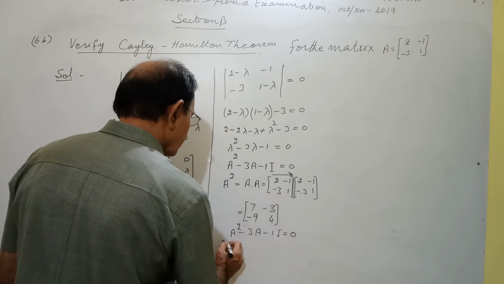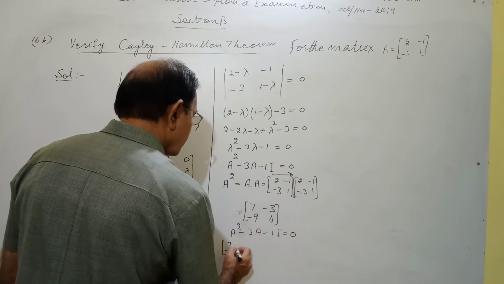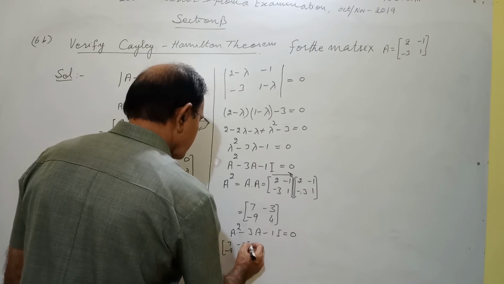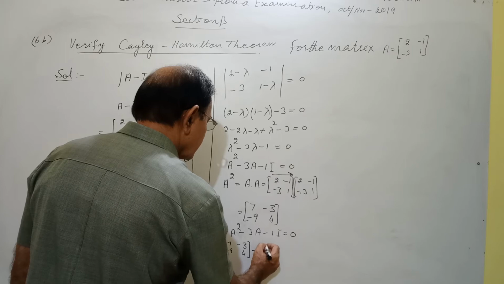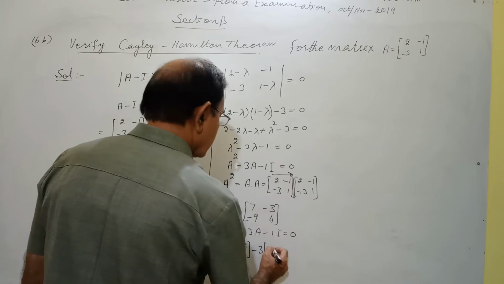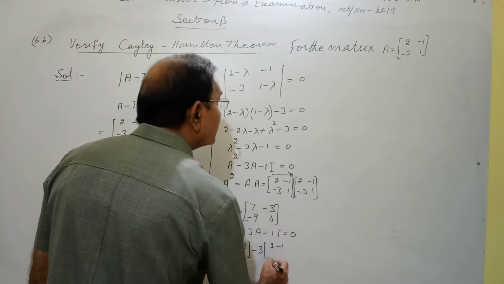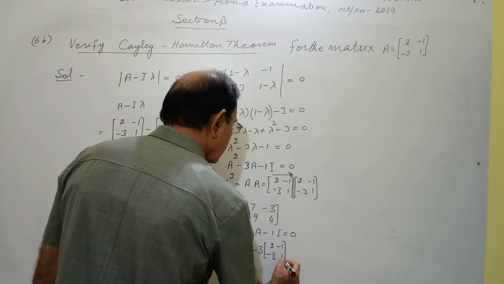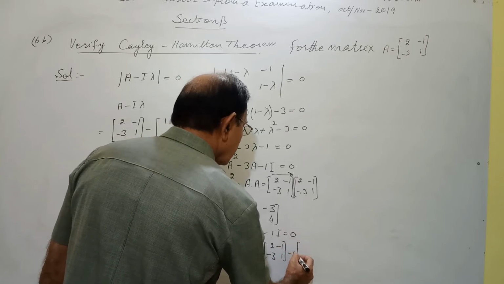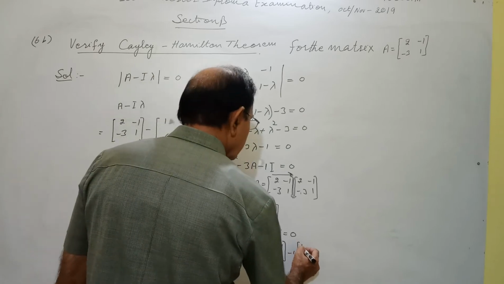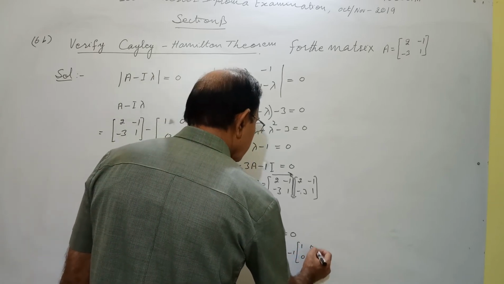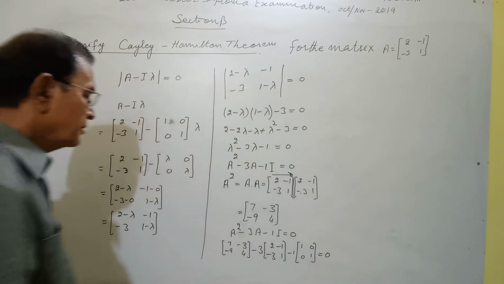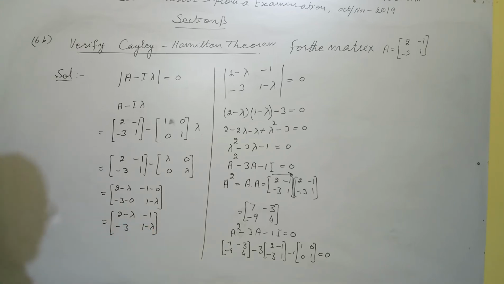For A square, 7 minus 9, minus 3, 4, minus 3 A, for 2 minus 1, minus 3, 1, minus 1 I, 1 0 0 1. It should be equal to 0. Means all the entries should come out to be 0 after solving.